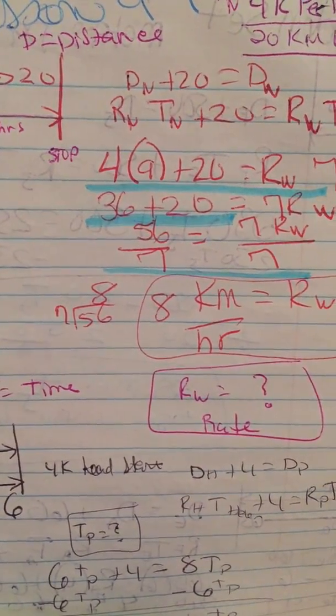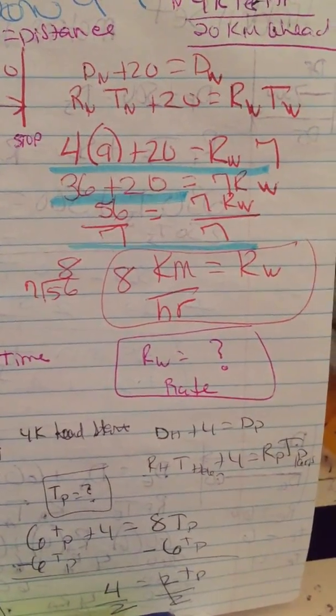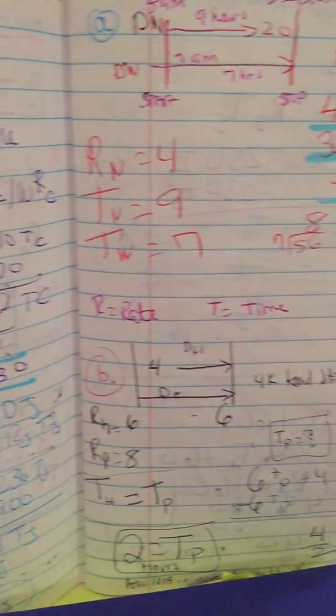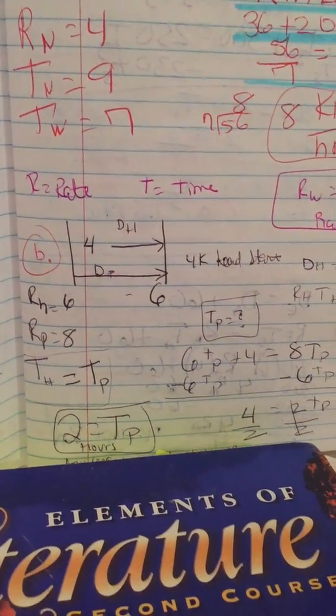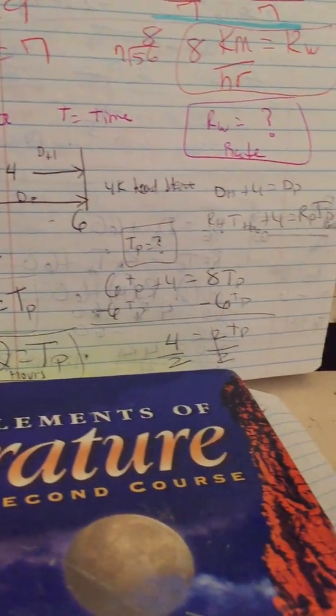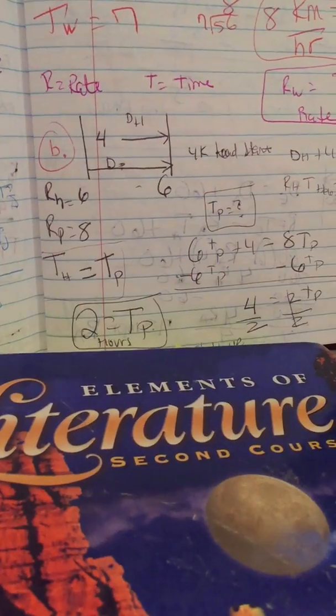Divide by 7 on both sides and get 7 into 56 is 8 kilometers. Rate times the time.